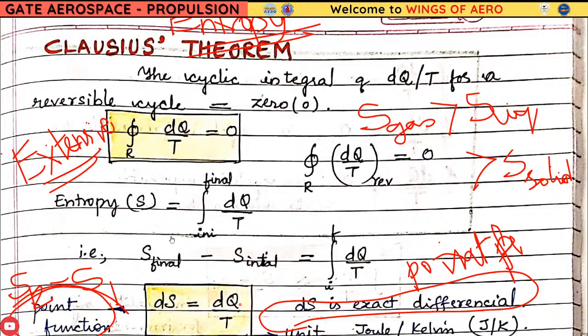Okay. Now remember this again, the cyclic integral of dq by T. What is dq? Change in heat with respect to temperature. For a reversible cycle, or the closed cycle, it will be 0.